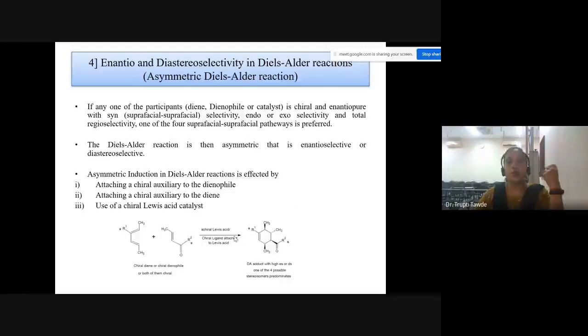Now here there are three different ways of inducing the asymmetry in the case of Diels-Alder. Either you attach the chiral auxiliary to the dienophile, or you attach the chiral auxiliary to the diene, or use chiral Lewis acid catalyst.